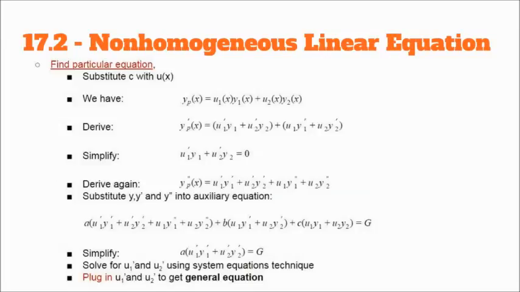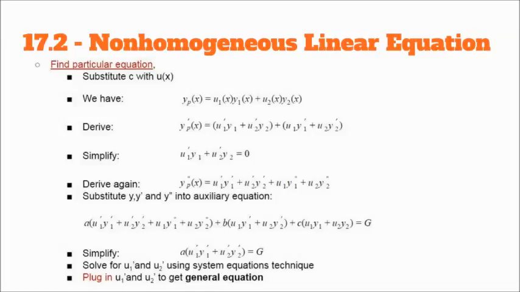Now, we take the derivative of y_p, and since u1 and u2 are arbitrary functions, we can impose two conditions on them. One condition is that y_p is a solution of the differential equation. We can choose the other condition so as to simplify our calculation. So it's going to be u1 prime y1 plus u2 prime y2, and we're going to set that equal to 0.